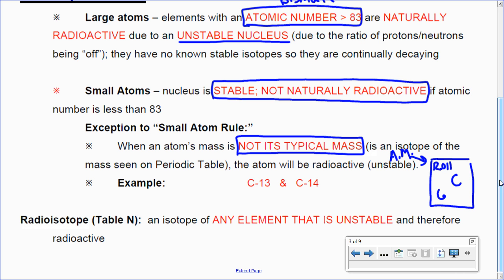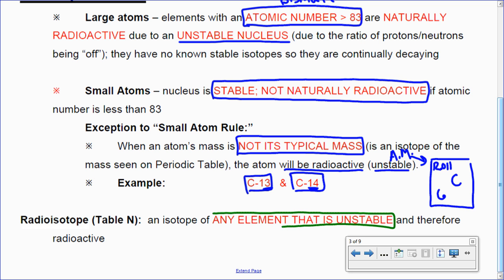But if we look at these isotopes, carbon-13 and carbon-14, those numbers are not the typical mass. So these will be radioactive or unstable and transmute into other elements over time. There's an entire reference table that we're going to get into more depth later on, reference table N, that lists the elements that are unstable, and their radioactive decay mode, so how they turn into something else too.